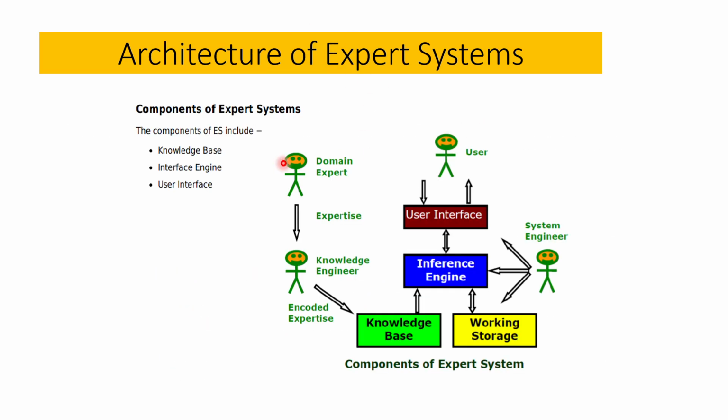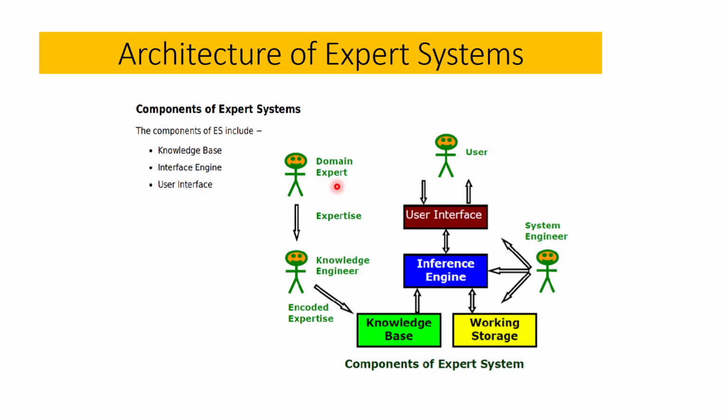So here, the architecture of this expert system has a knowledge base, inference engine, user interfaces. Here, the user interface gives input, the inference engine is going to analyze. It may be from this knowledge base and working storage, and everything is done by the machine.